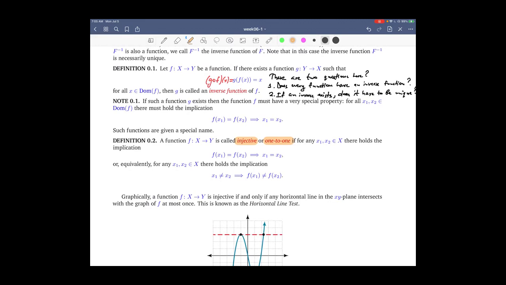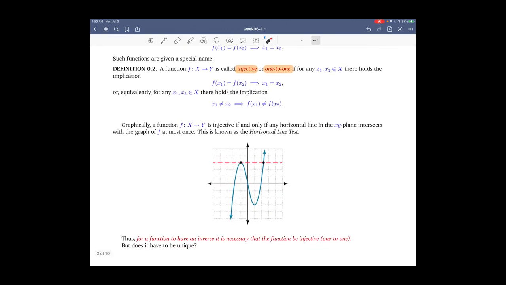And again, a function from x to y is called injective if different x's go to different y's. Or another way to say it, that if it's known that the y's are equal, then the corresponding x's must be equal.